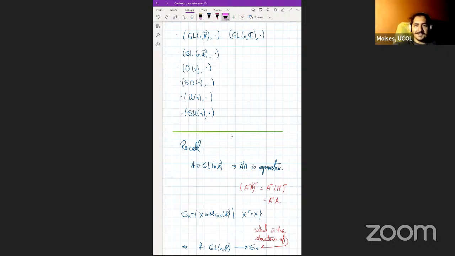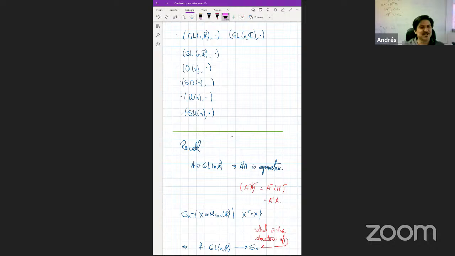Yes. And because we are talking about the product of matrices, what is the inverse of the zero matrix? It's not there. Yeah, so the set of symmetric matrices is not a group under the product of matrices.